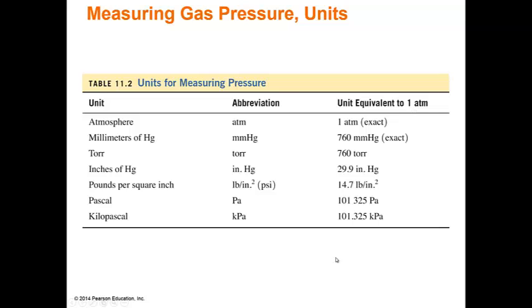So let's say your car takes 30 psi, basically it's taking 2 atm, or twice atmospheric pressure, to fill up your tire. There are the pascal units, 101,325 pascals or 101.325 kilopascals. This is our little cheat sheet. With these numbers, we can convert back and forth any way we need.